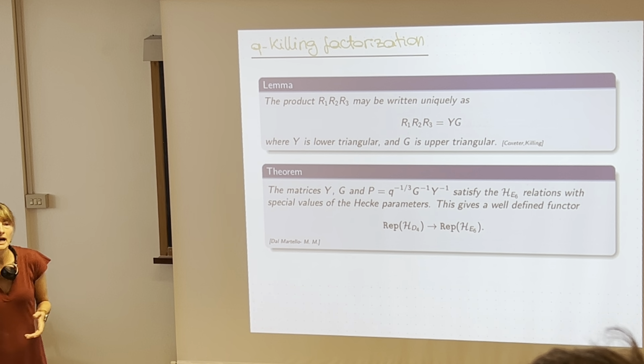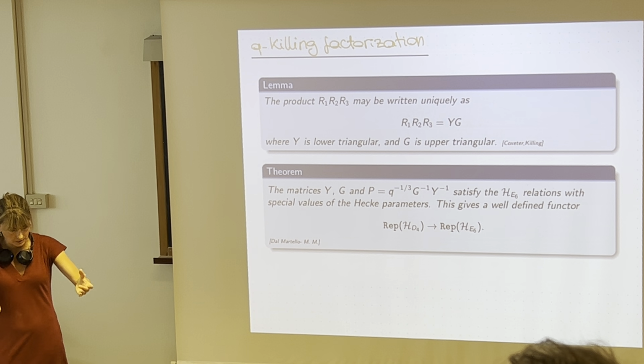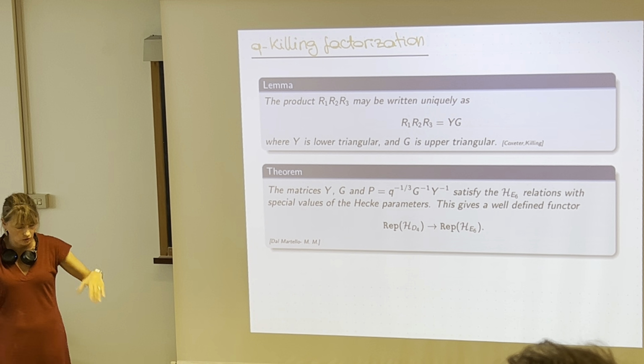And essentially, you manage to cook out of this procedure, from the representation of your double affine Hecke algebra related to the Riemann sphere with 4 holes and 2 by 2 matrices, a representation of your generalized double affine Hecke algebra in terms of 3 by 3 matrices.